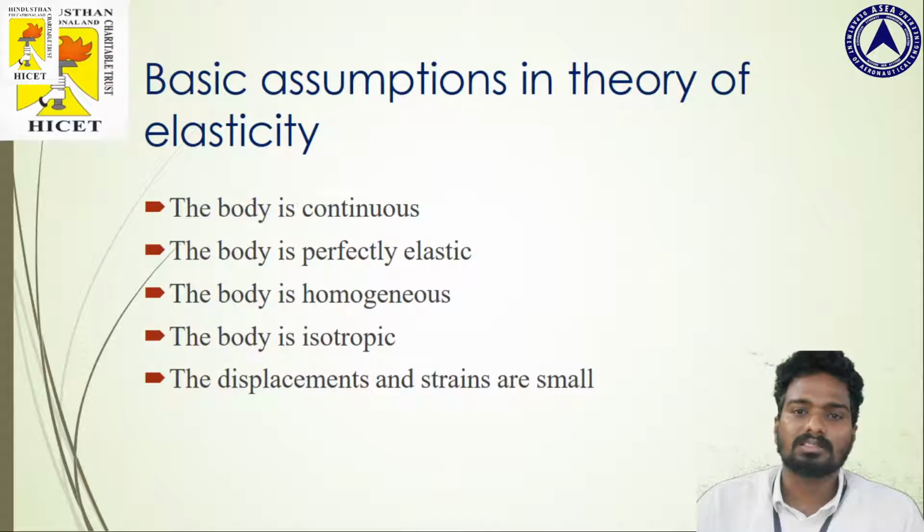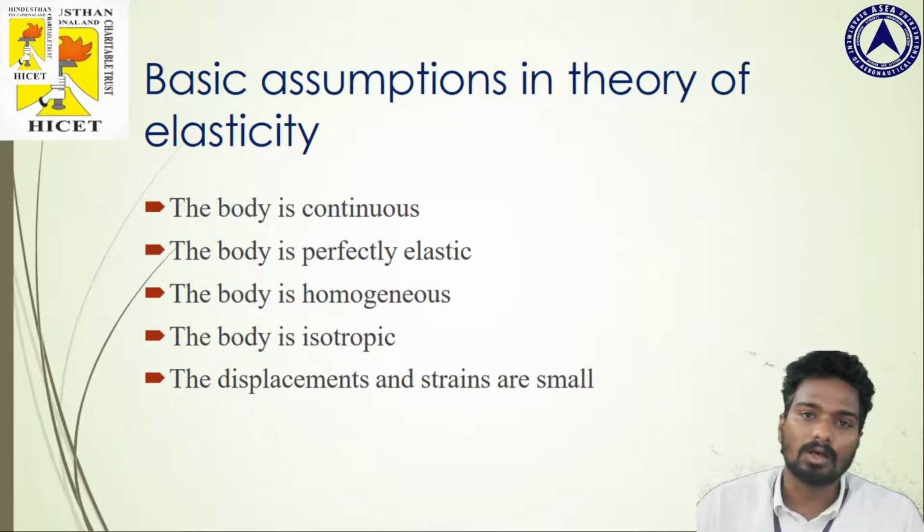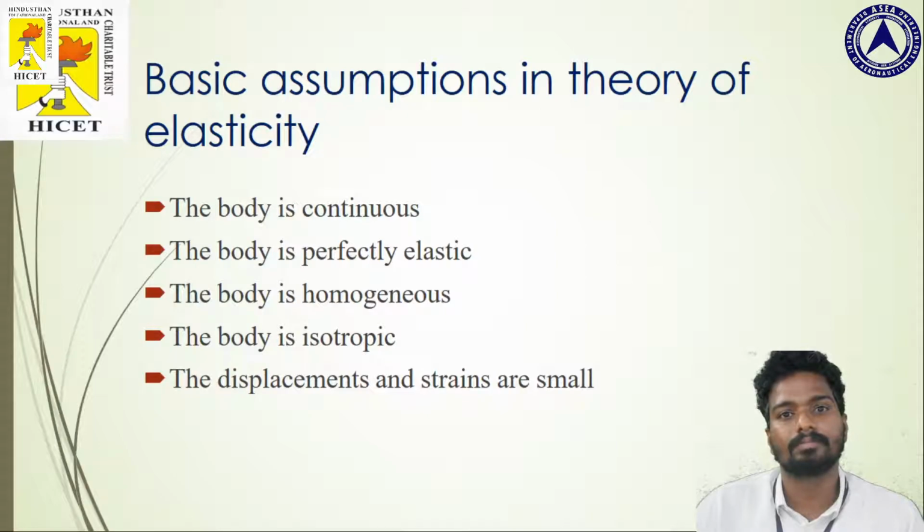The basic assumptions which we make in theory of elasticity are that the body must be continuous, meaning it should be free from voids, cracks, discontinuities, and flaws, and it should be perfectly elastic since we deal with elastic bodies, as the subject rightly says, theory of elasticity.